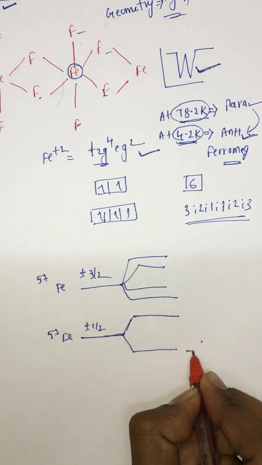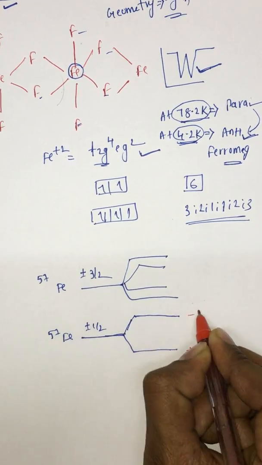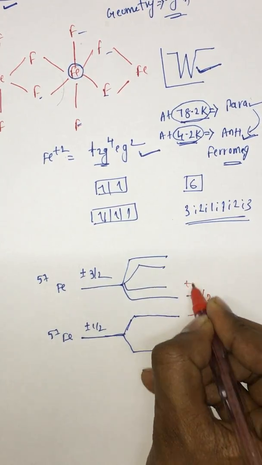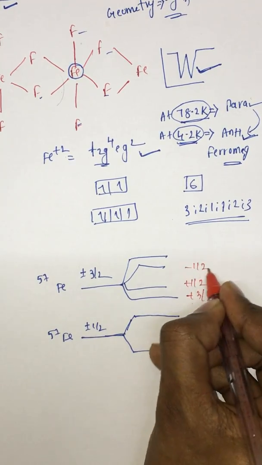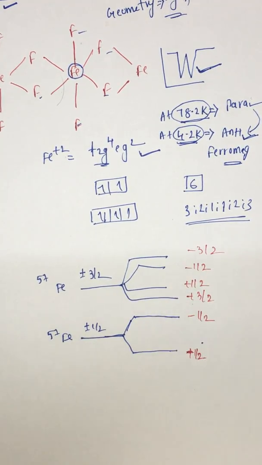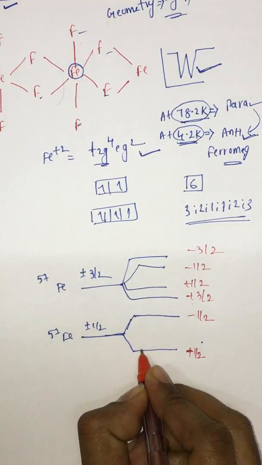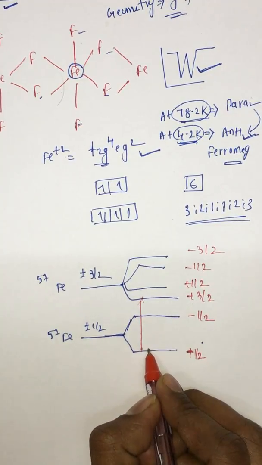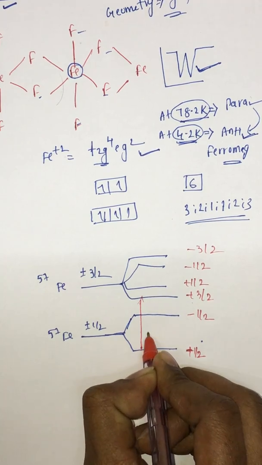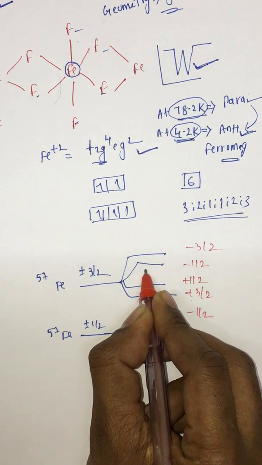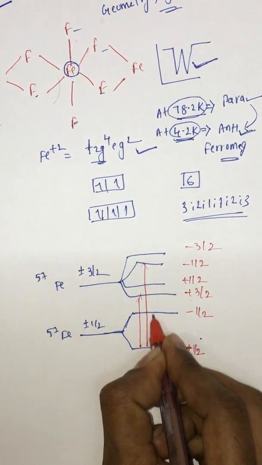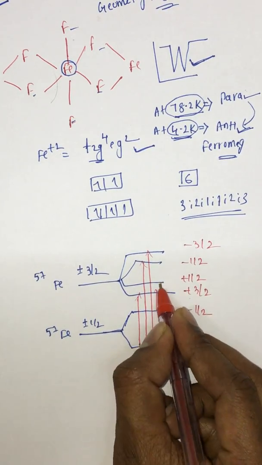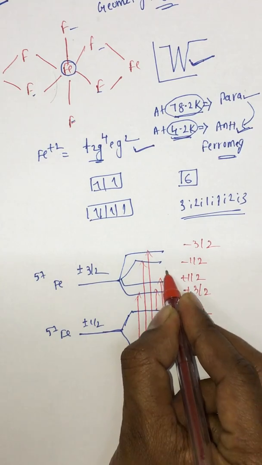Okay, so this is plus 1/2, this is minus 1/2, this is plus 3/2, plus 1/2, minus 1/2, and minus 3/2. So now here we'll see how many transitions. This is one transition, 2, 3, 4, 5, 6.